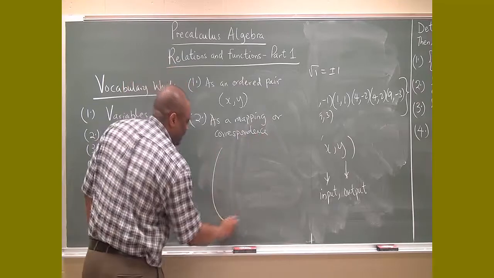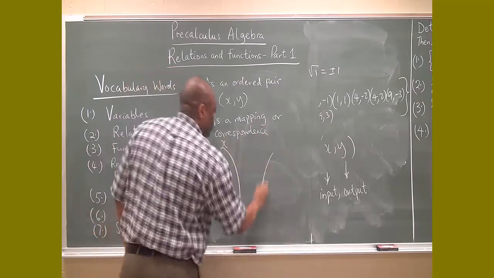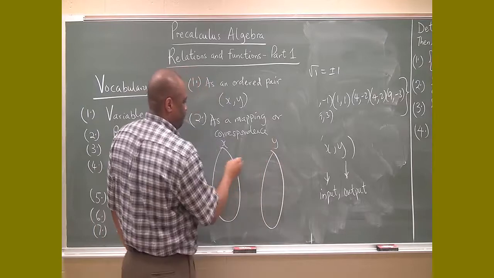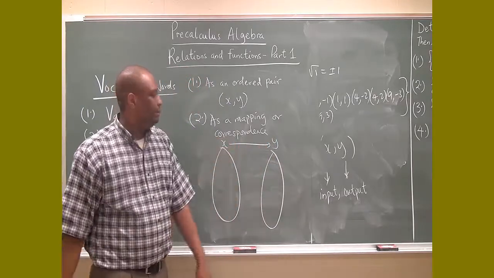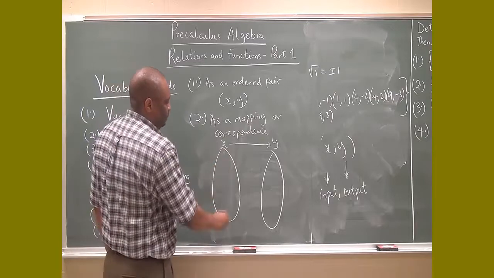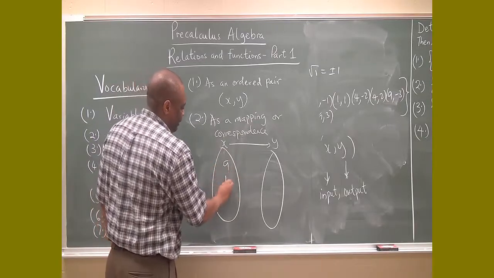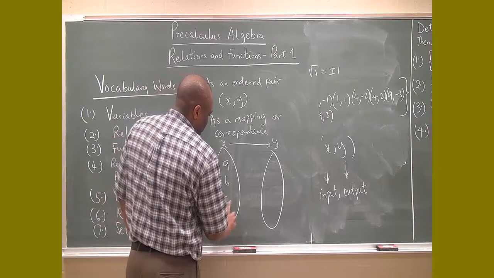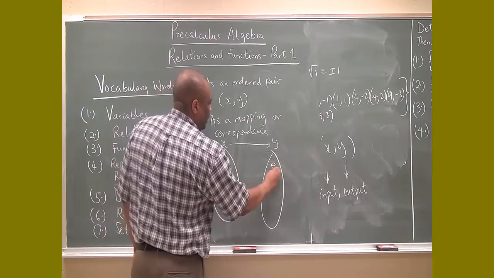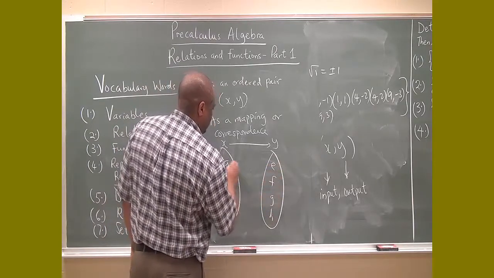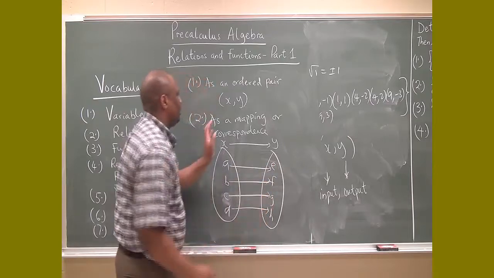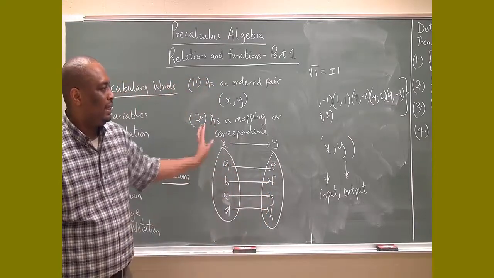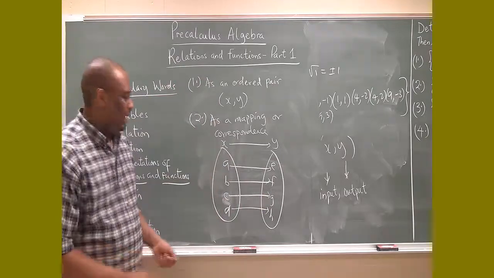You can map x onto y, like we did. For every input here you have an output: A, B, C, D, E, F, G, H. You can represent relations and functions like this as a mapping. This is called a mapping or correspondence. I think we mentioned it earlier.